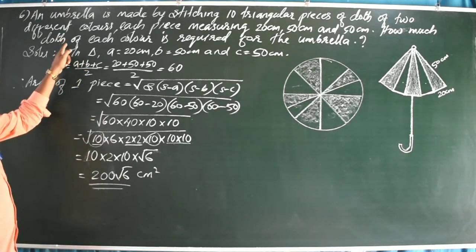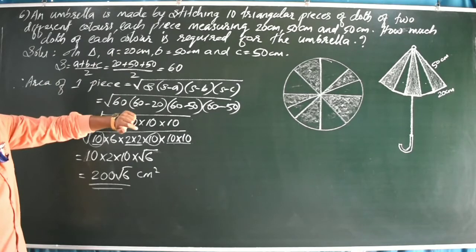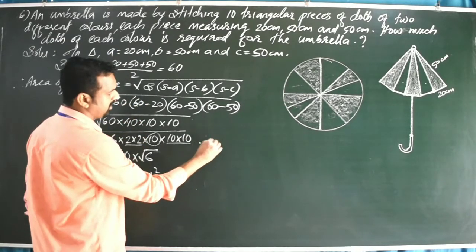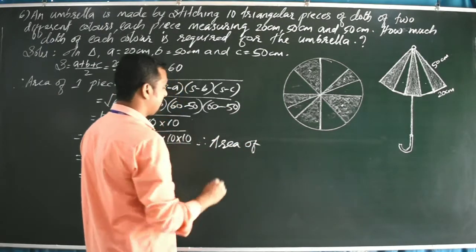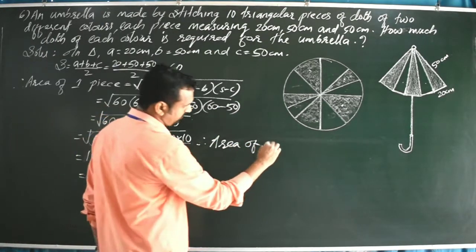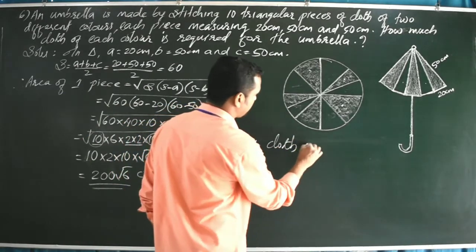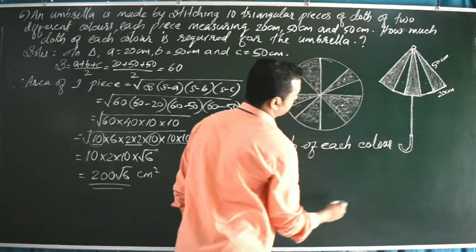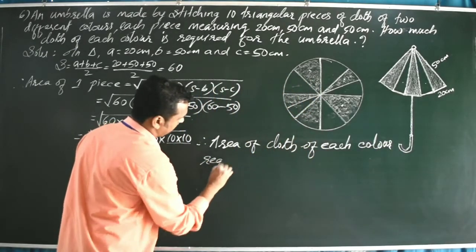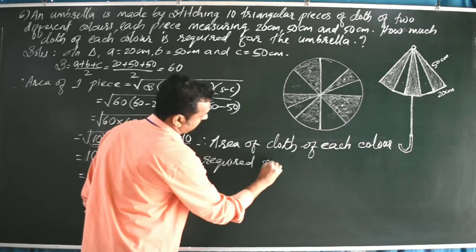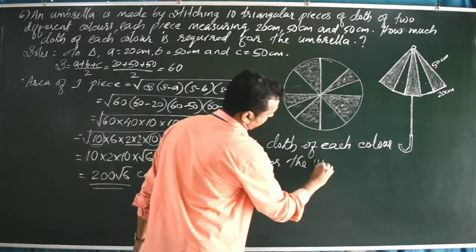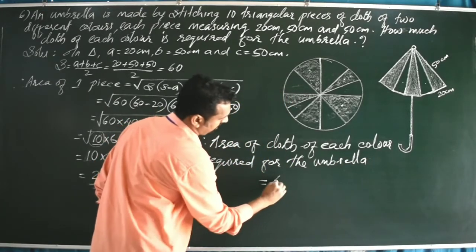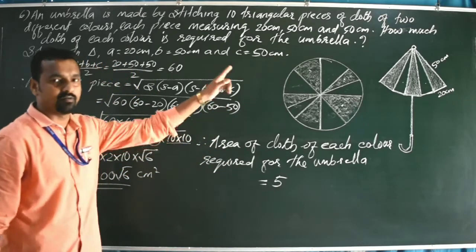Therefore, how much cloth of each color is required for the umbrella? That is the question. So for one color, how much cloth is required? Therefore, area of cloth of each color required for the umbrella is equal to, how many pieces of one color do we need? 5 pieces.